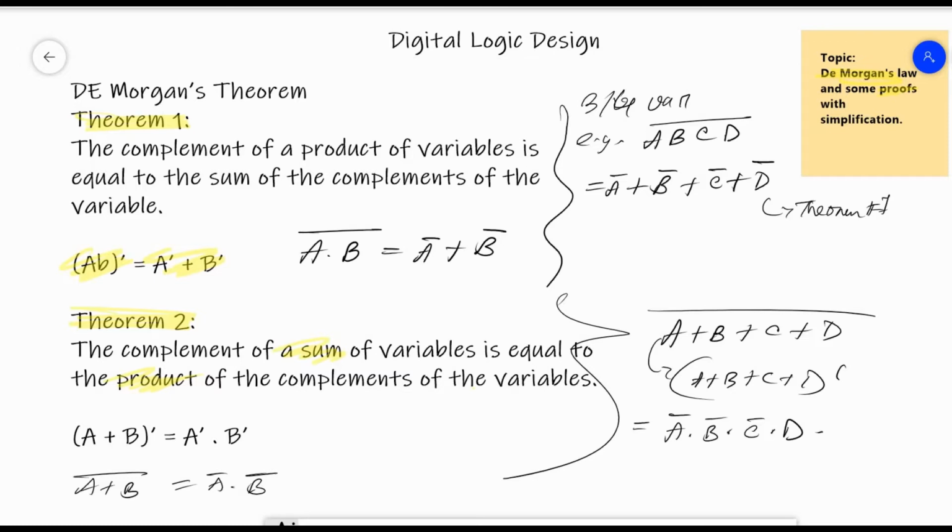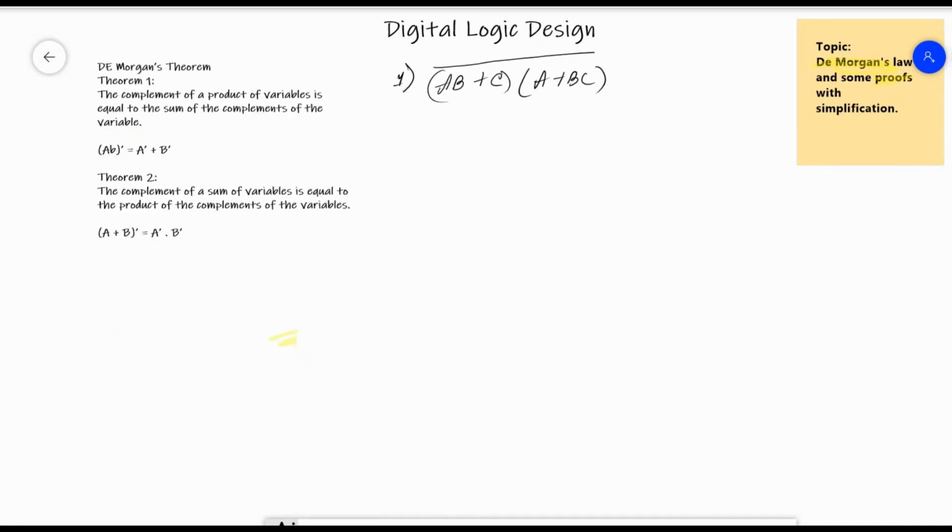Now we are going to apply De Morgan's law in some of the expressions and understand its further applications. So we will take this first example, which we are going to rewrite using De Morgan's law.